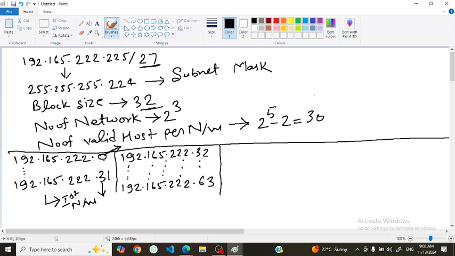For the next network, it will start from 64. We cannot make any changes in these three octets because it's given here as 27, so the 27 comes under the last octet only.